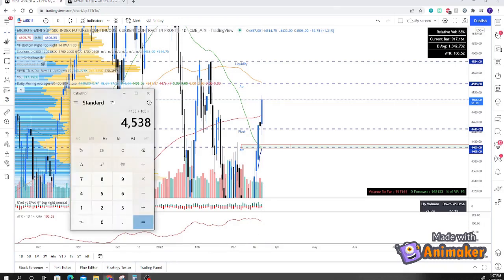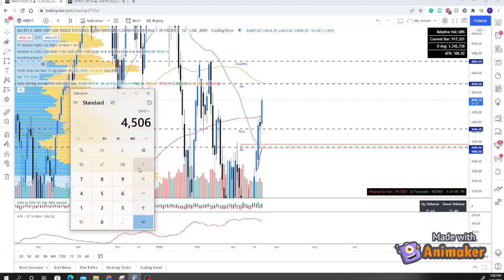45.15. You don't have to be exact. 45.15 plus our low, 44.33, plus our close, 45.06.